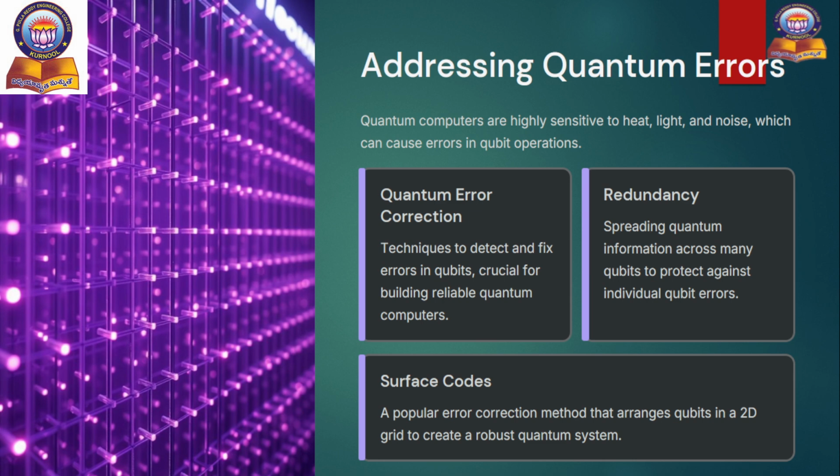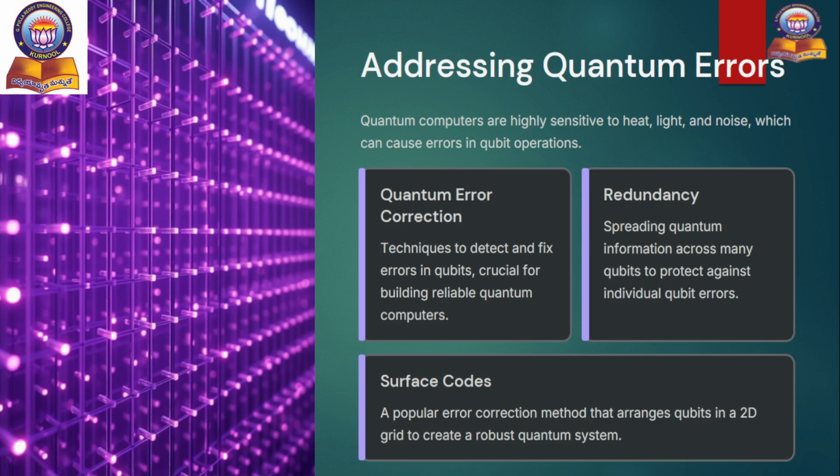And also redundancy, spreading quantum information across many qubits to protect against individual qubit errors. The surface code is a popular error correction method which arranges qubits in a two-dimensional grid to create a robust quantum system.